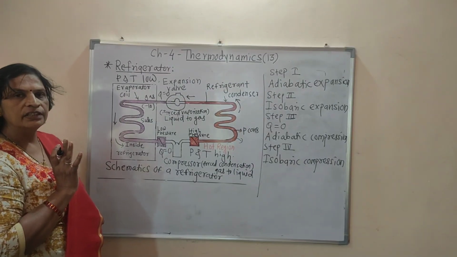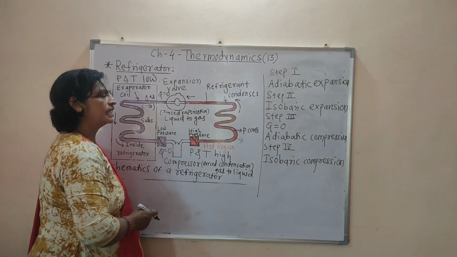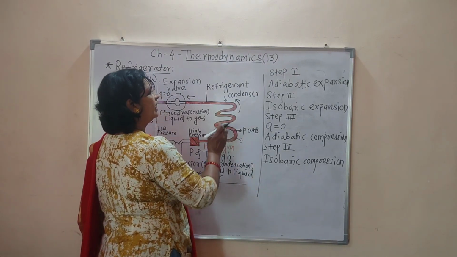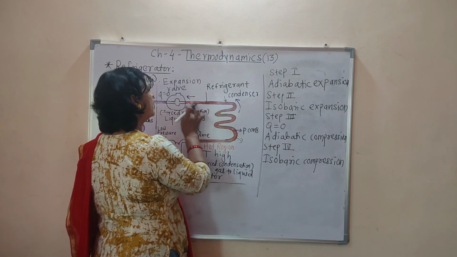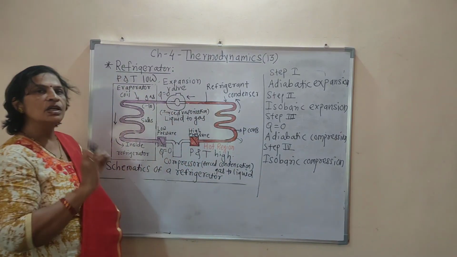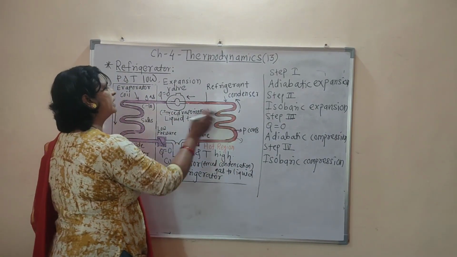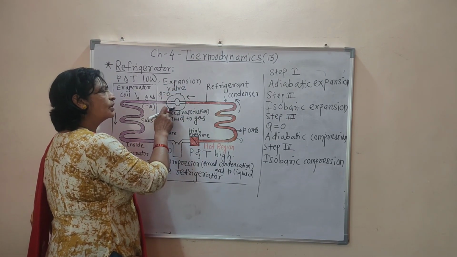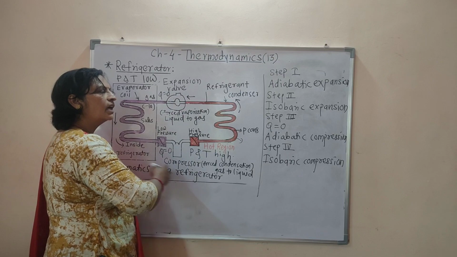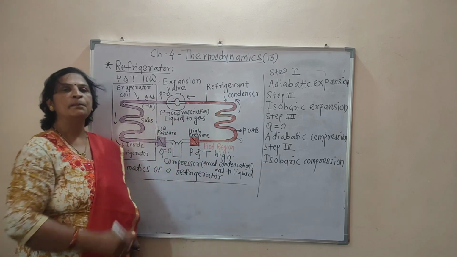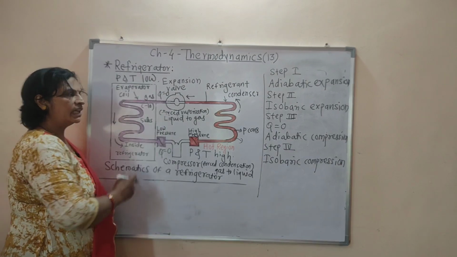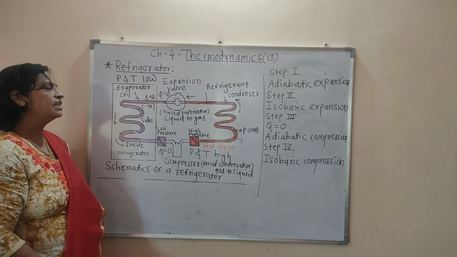This is the reason to use the compressor. Okay, and then heat is rejected and the temperature of this liquid becomes low, and again it enters the expansion valve, and the cycle goes on repeating, and in this manner the fridge is working.